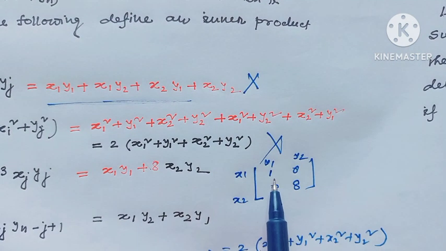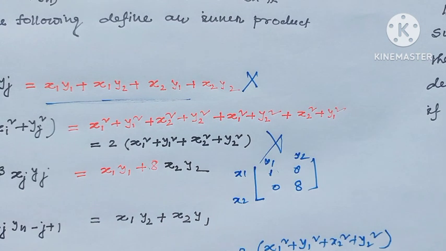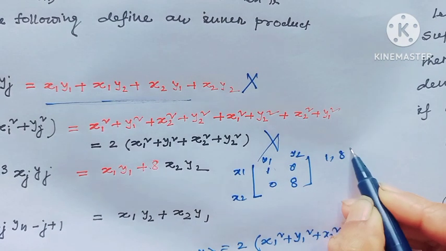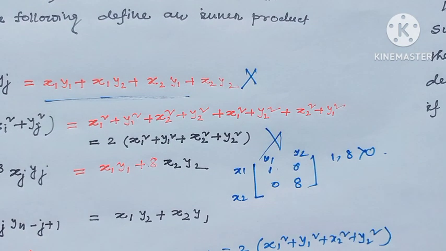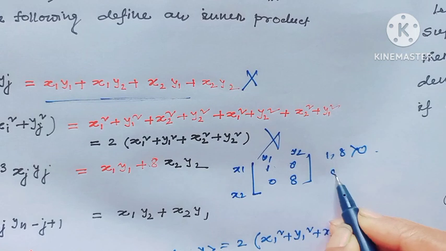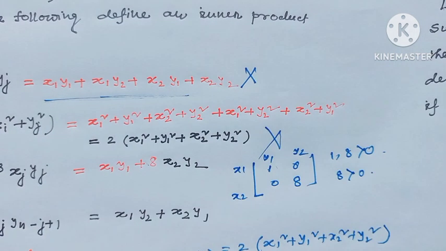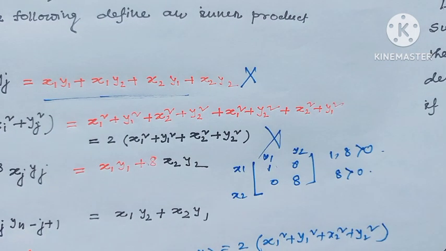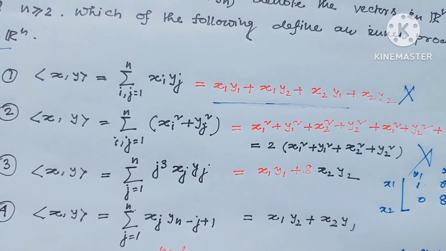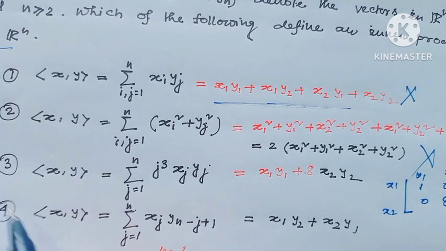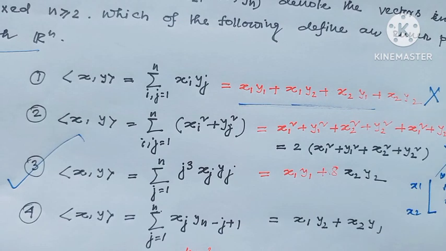Notice here A means 1 and D means 8. 1 and 8 are greater than 0. Also the determinant of the matrix is 8, which is also greater than 0. Therefore all properties of positive definiteness are satisfied here.